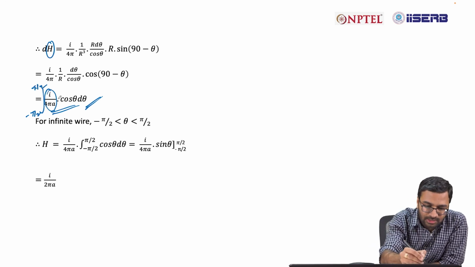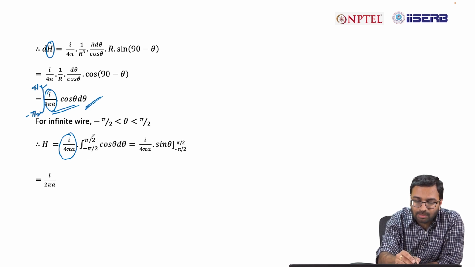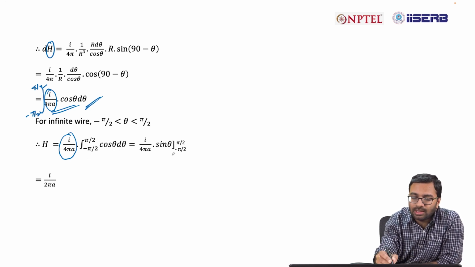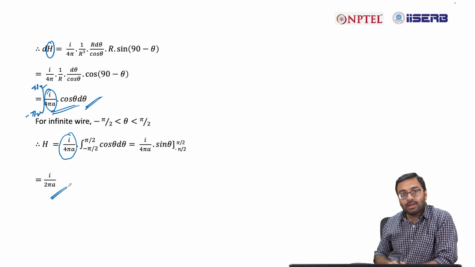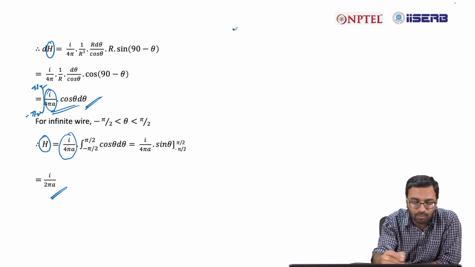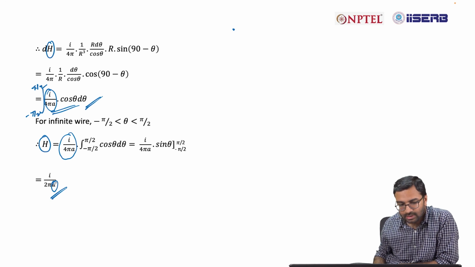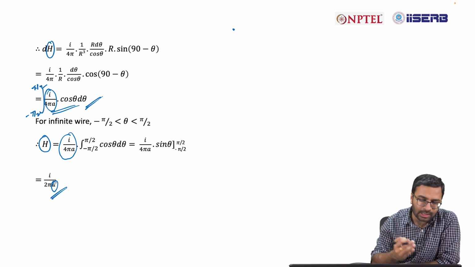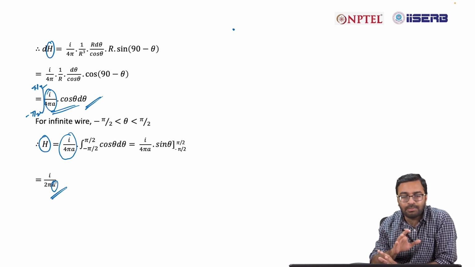Now, this is a constant, so you can take this out of the integration. So, it will be the integral from minus pi by 2 to pi by 2 of cos theta d theta, which will give you 1 divided by 2 pi a. So, the H value, that is magnetic field at point P, will be 1 by 2 pi a, which is a function of a. So, if you increase the distance, the magnetic field strength will reduce. So, this particular concept is important.